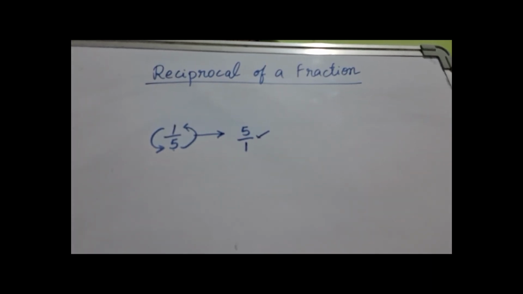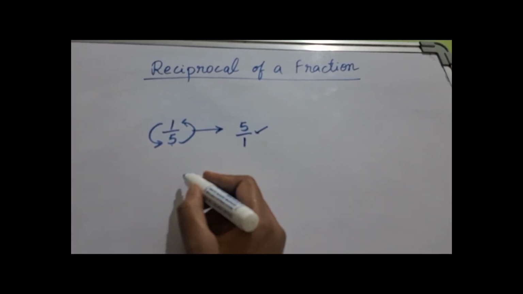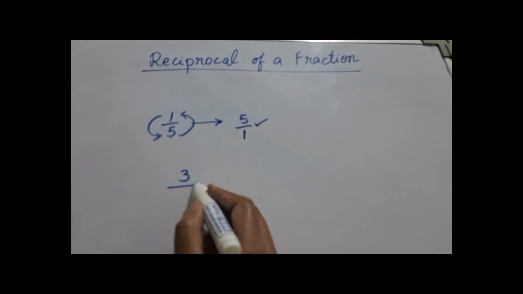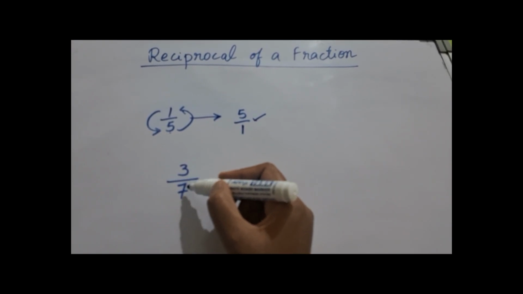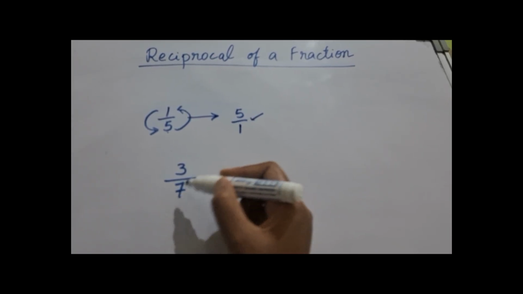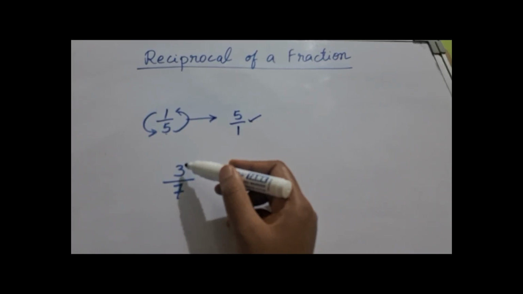Okay children? The reciprocal of a fraction means, suppose 3 by 7 is there. The numerator goes to the denominator place and the denominator number goes to the numerator place.